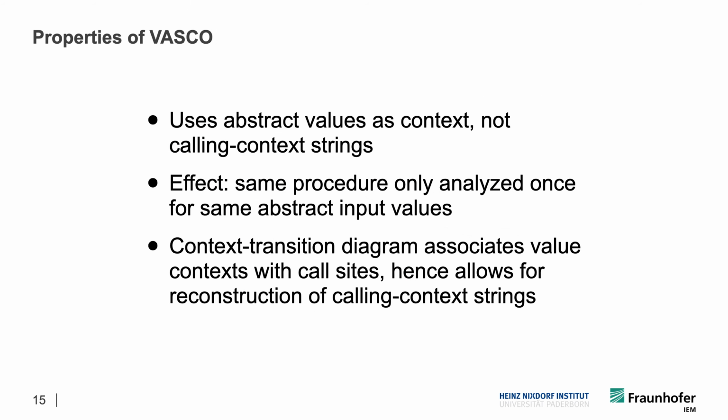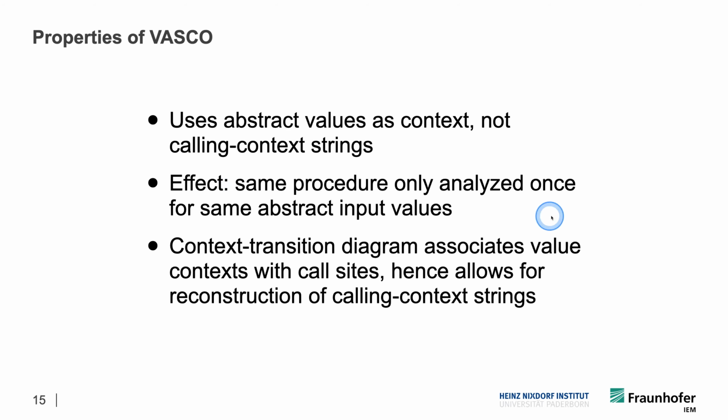What's important here is that it uses abstract values as context and not calling context strings. That's what makes it different from the call strings approach. The data flow values are not really annotated with calling context strings. They are, through this context transition diagram, implicitly annotated with the call site and with input values, but that's about it.